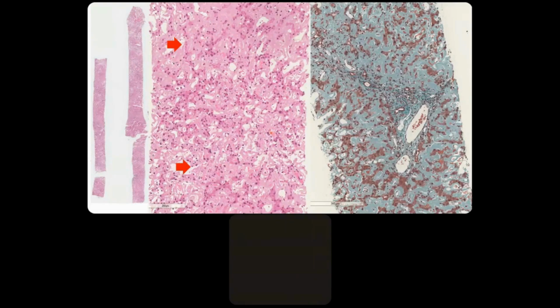So you can see that this is obviously an abnormal liver biopsy. And the main finding here is diffuse sinusoidal deposition of this pink amorphous material with accompanying hepatocyte atrophy. And this histologic appearance is classic for hepatic amyloidosis.